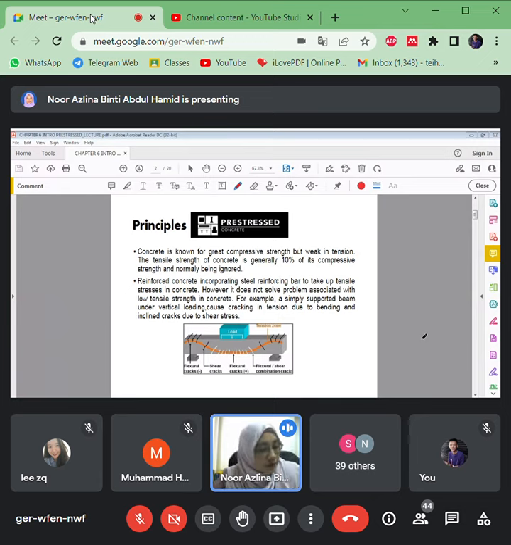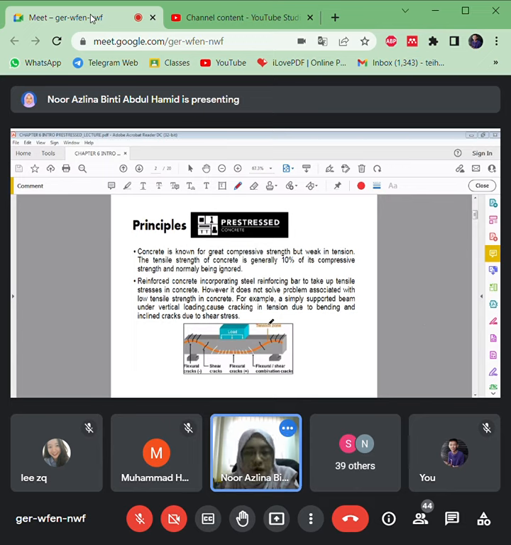But pre-stressed concrete is a more enhanced technology that can also be applied, but it needs some expertise, equipment, and also concerns about the cost.